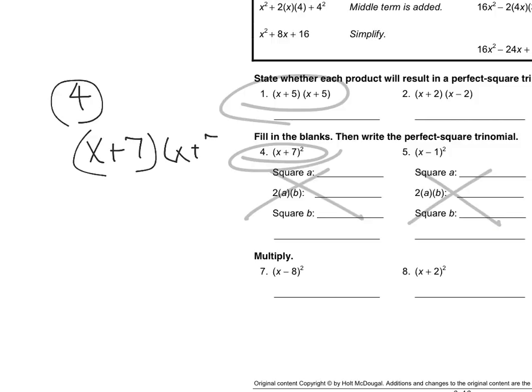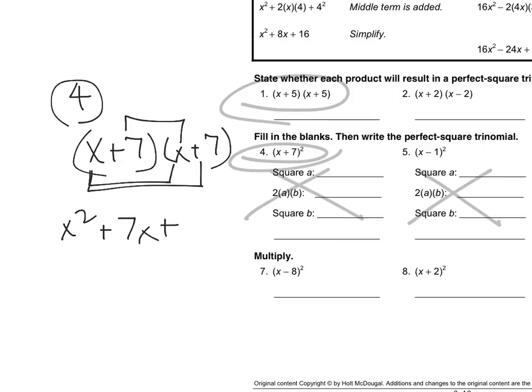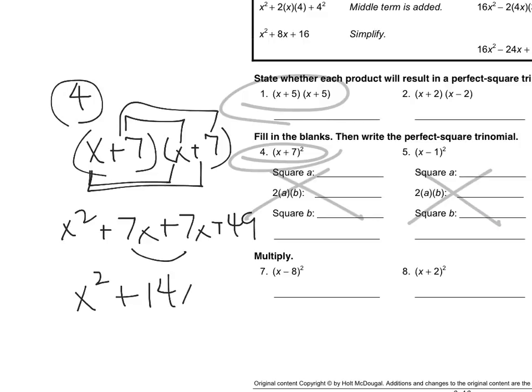And now distribute or FOIL. So x times x, x times 7, 7 times x, and 7 times 7. And then combine the 2 middle ones, the like terms, and you're done.